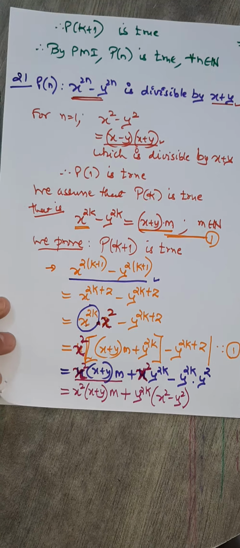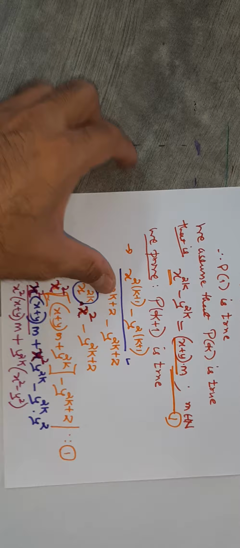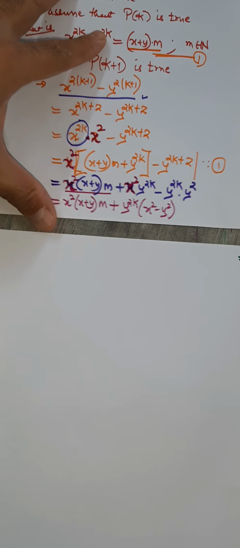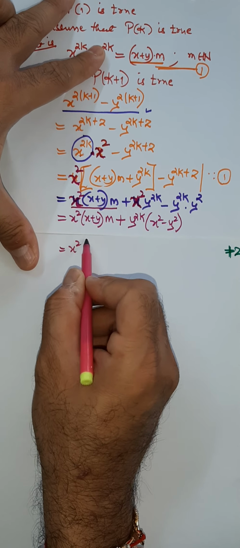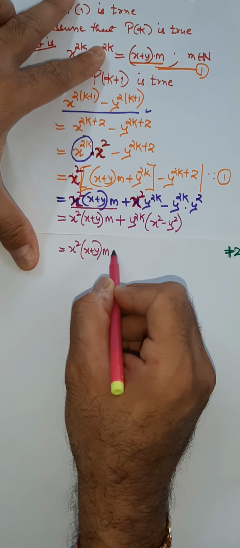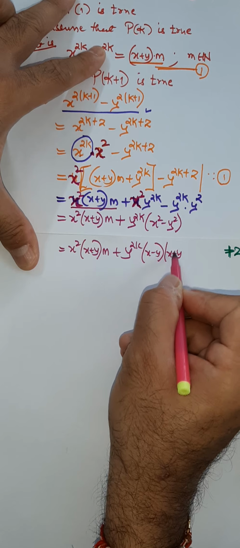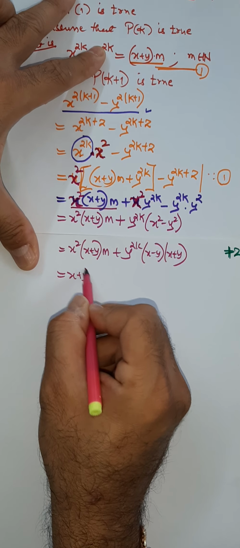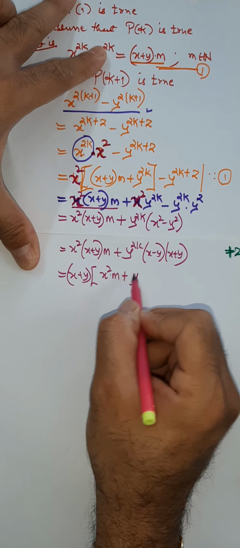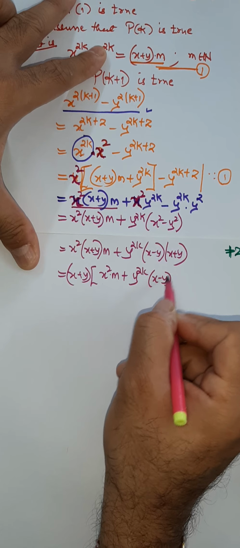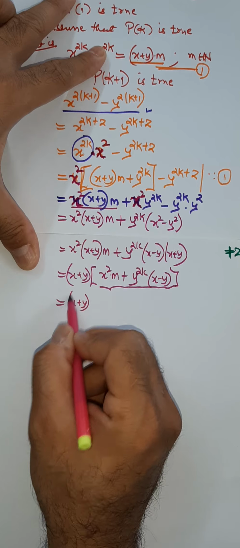So finally the next step would be x square into x plus y into m as it is, y raised to 2k into x minus y into x plus y. Now you can find x plus y common. So you have x plus y into x square into m plus y raised to 2k into x minus y. Now whatever it is, it is some constant. So we call that m dash.